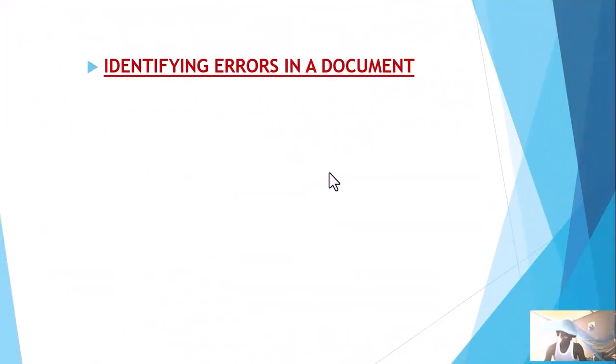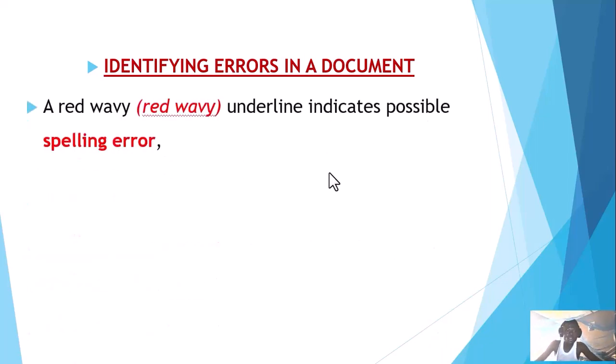Identifying errors in a document. We've already said you only locate the errors when there is a wavy line under your words. A red wavy underline indicates a possible spelling error.